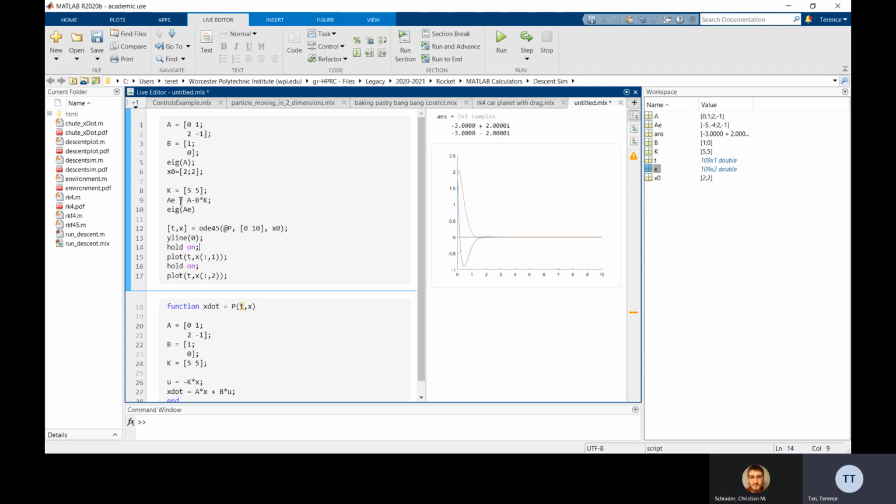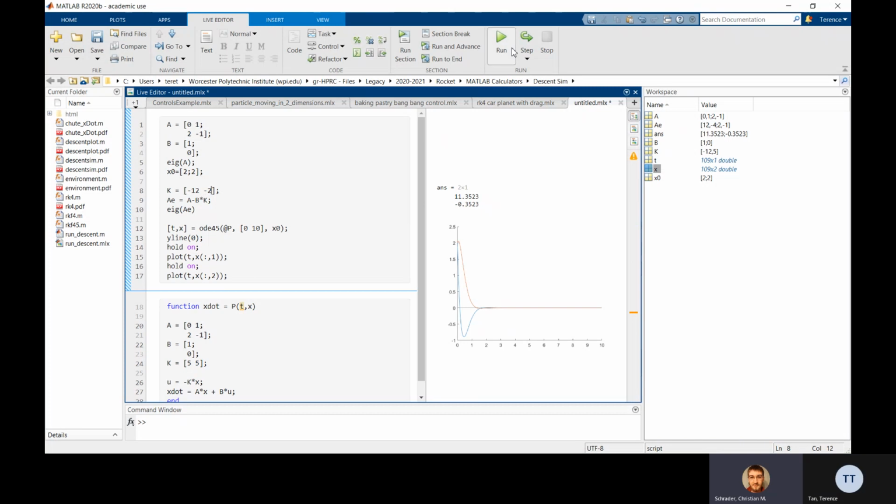Okay, let's try something more drastic. Oh, okay, never mind. Hey, so both real numbers, but unstable. Yes. I'd like to see two negative numbers. That's not working.